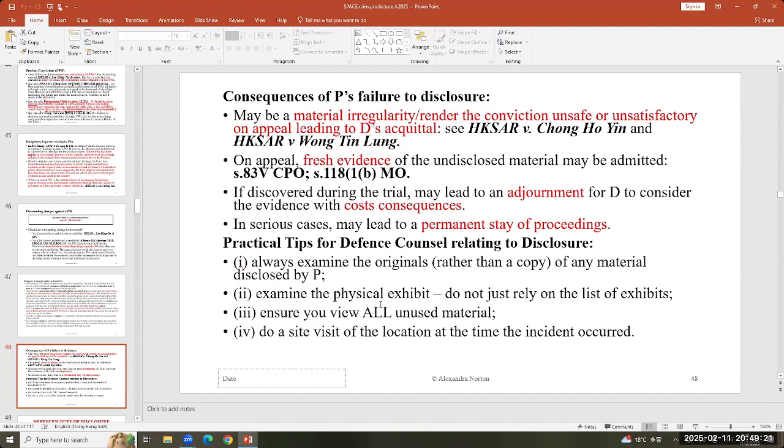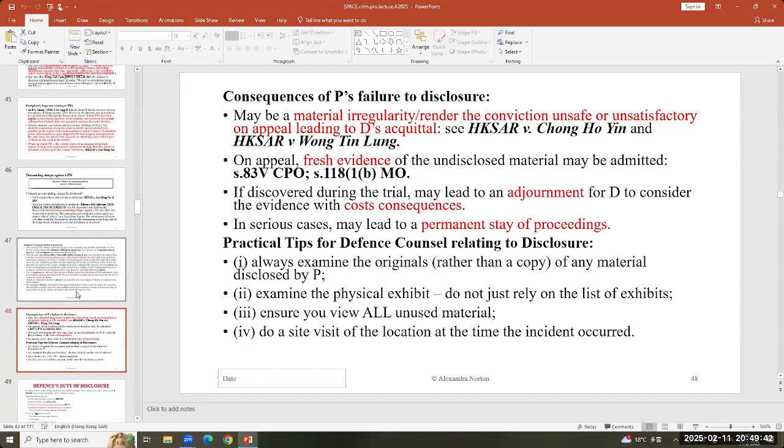So always really important to look at the originals, not just a copy or a photo. Always important to examine the physical exhibit. Look at the back of checks to see for notations, staple marks, highlighting, pencils, etc. Always do a site visit of the scene of the crime.